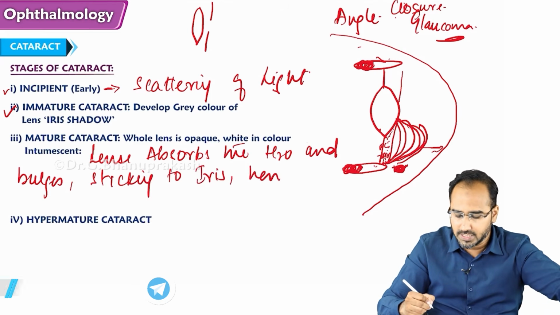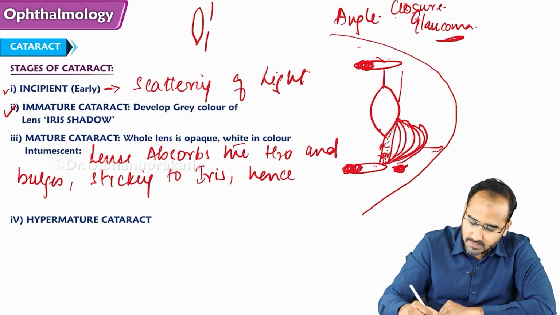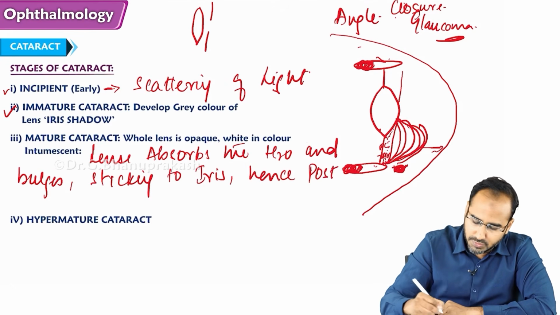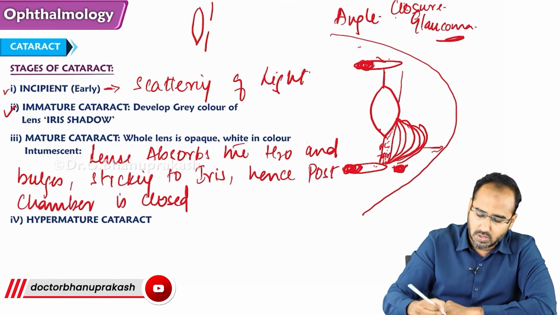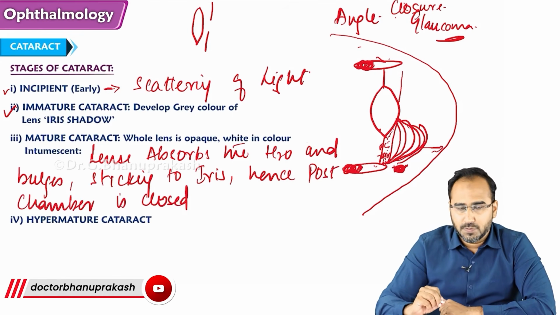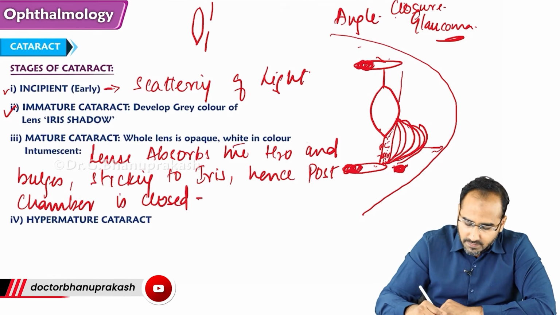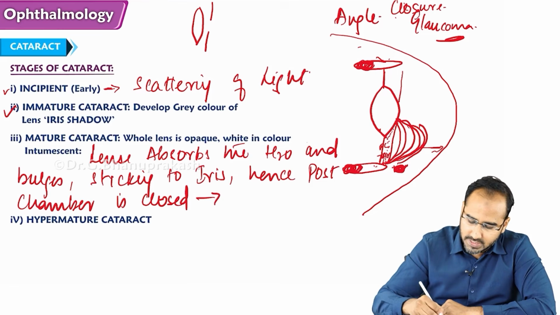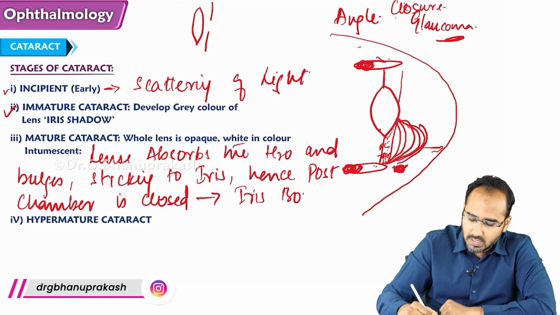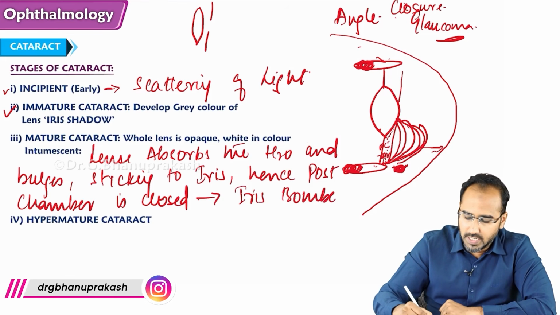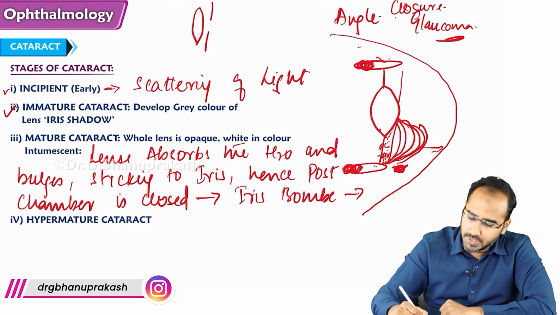Hence, the posterior chamber is closed. That can cause iris bombe, leading to glaucoma.